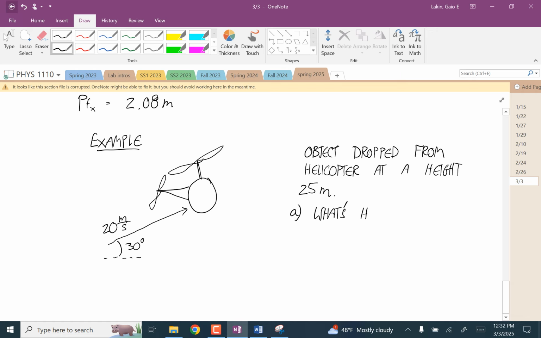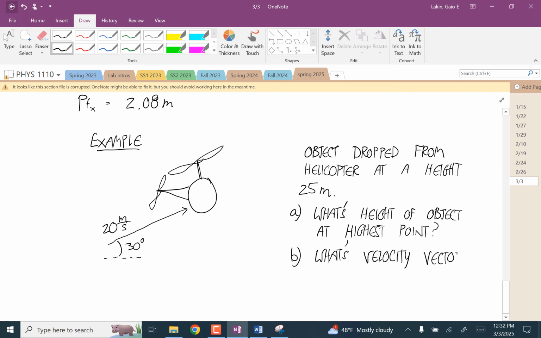What's the height of the object at its highest point? And second, what's the velocity of the object? So what's the velocity vector of the object just before it hits the ground?